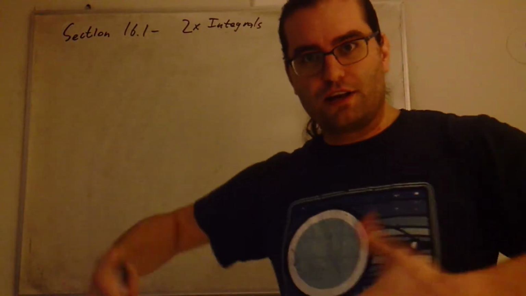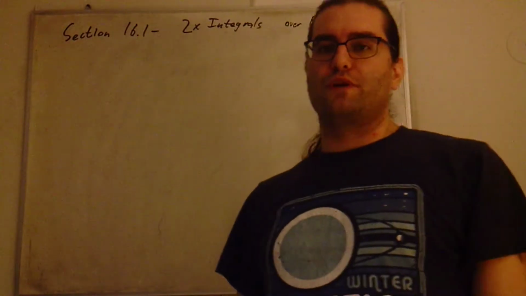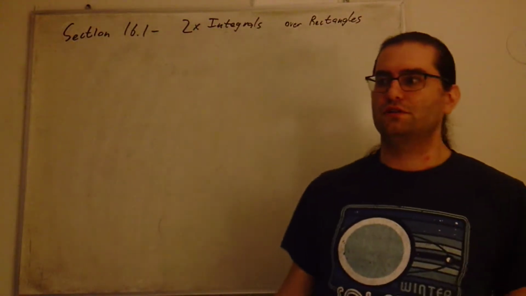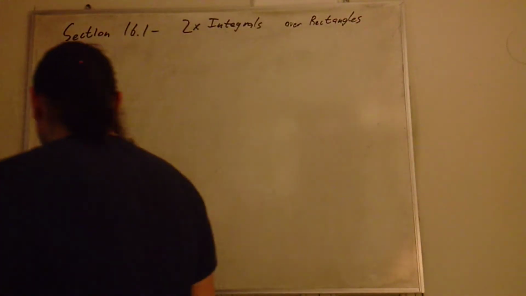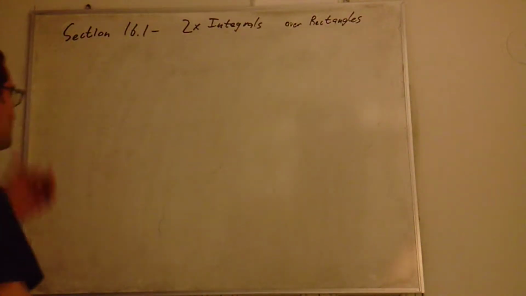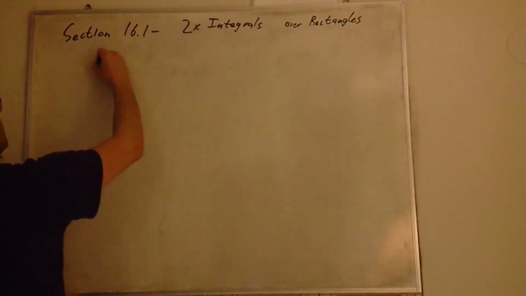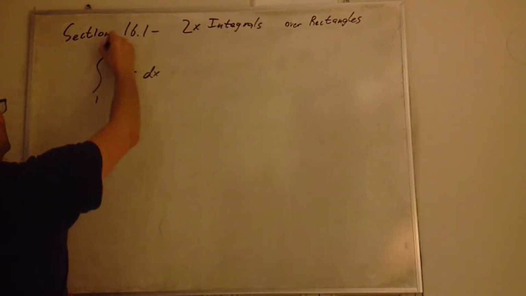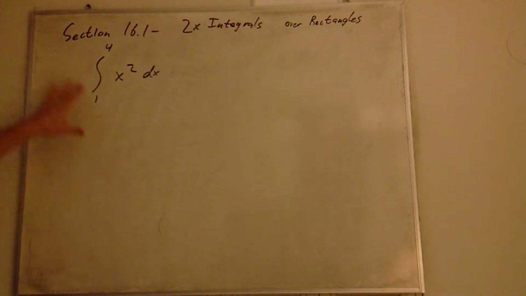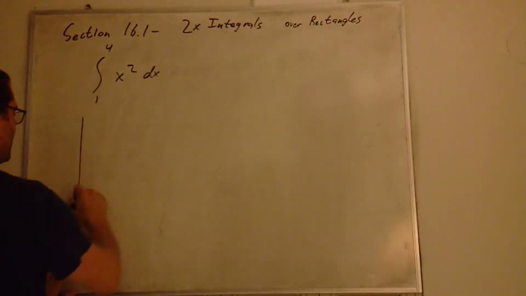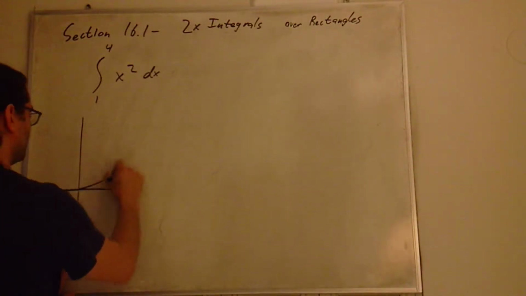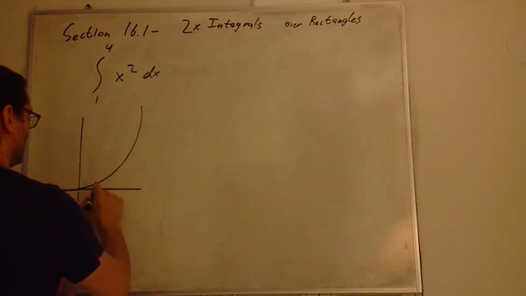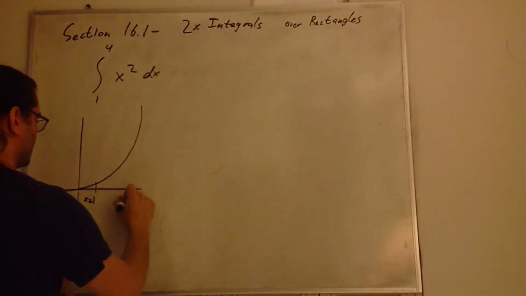To start getting us in the direction of really weird, bizarre things, we're going to talk about how integrals work, and sort of what they mean. Your standard issue integral, if you're integrating something like this on some bounds, let's remember that this means we have some function between x equals 1 and x equals 4.